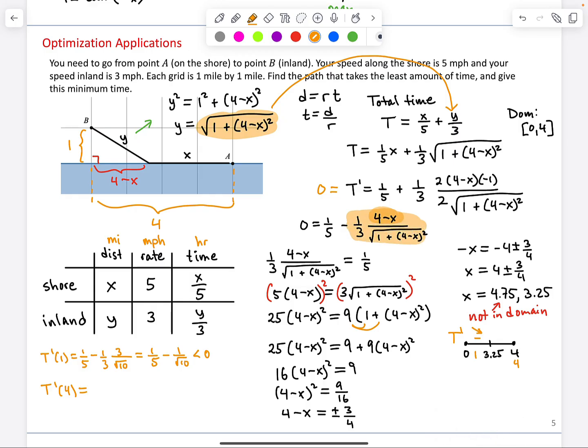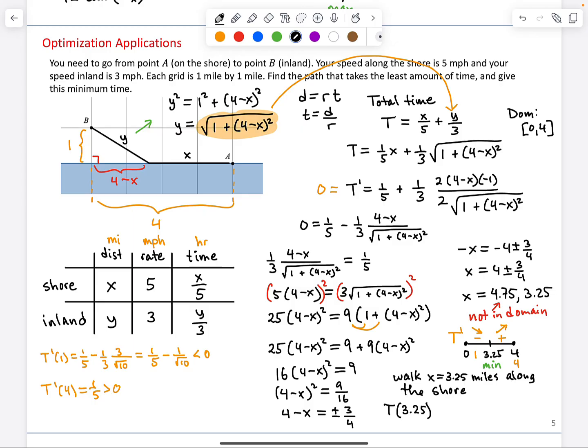So we're just going to get the 1/5, which is clearly positive. So the capital T prime is positive in this subinterval, meaning the capital T function is increasing. This gives us a minimum value of capital T at this critical number, telling us that we should walk x equals 3.25 miles along the shore before we cut directly to point B.